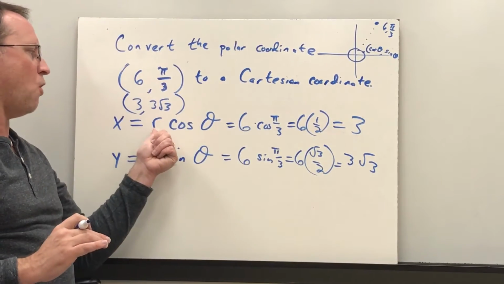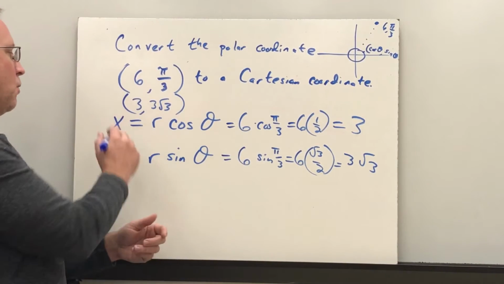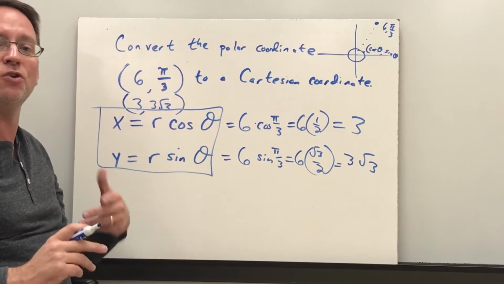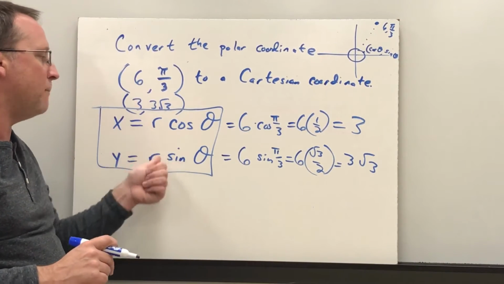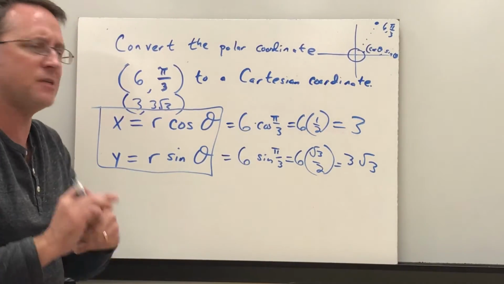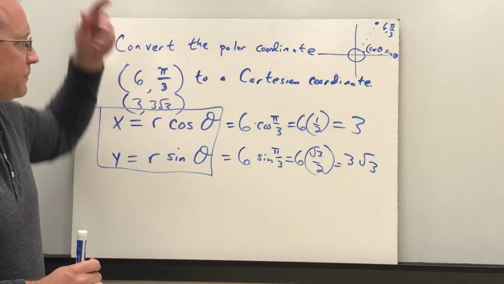Just by taking r times cosine of theta to get x and r times sine of theta to get y. So make sure you know these conversions. It's just your unit circle stuff you already know multiplied by whatever the radius is. So it's not too bad to change things from polar to Cartesian coordinates.